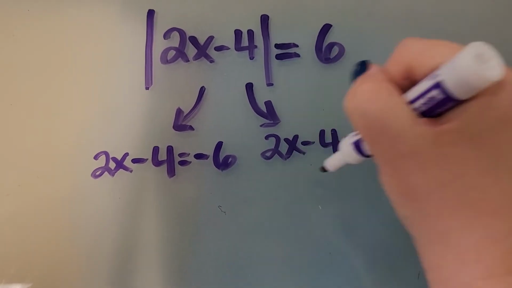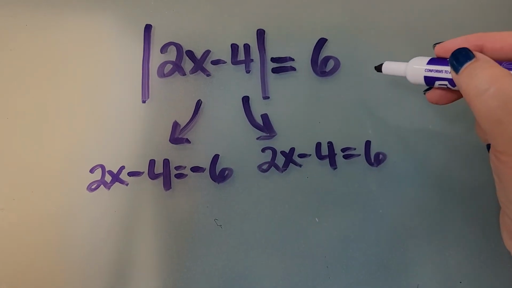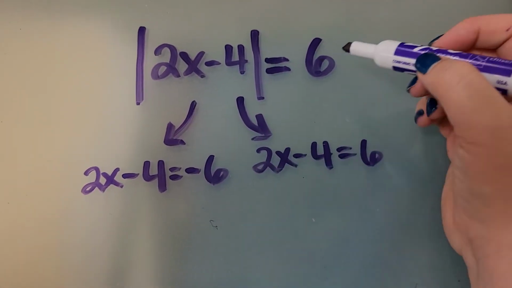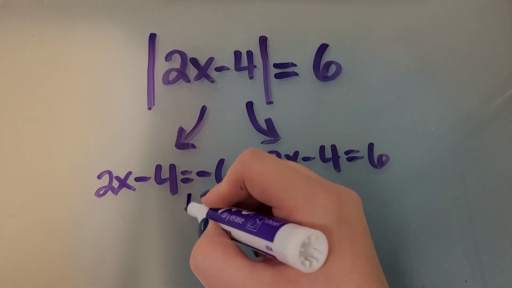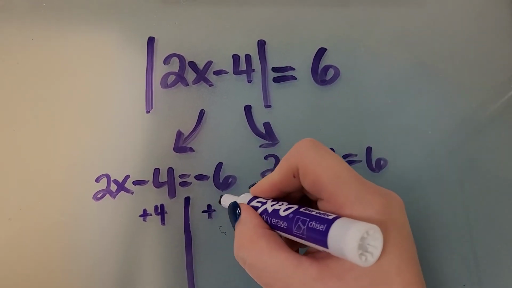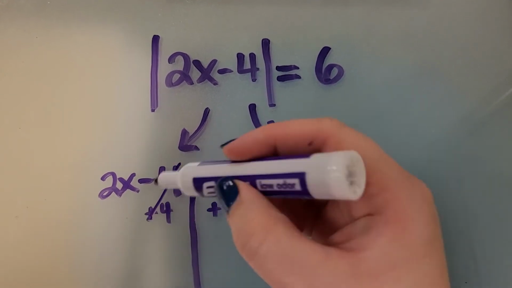And notice that this right side equation, the positive one, pretty much looks exactly like what we have up there. But then for the left one, the negative one, we change the sign of that number over here. So then you just solve each equation the same way we already know how to solve linear equations. We undo the operations.